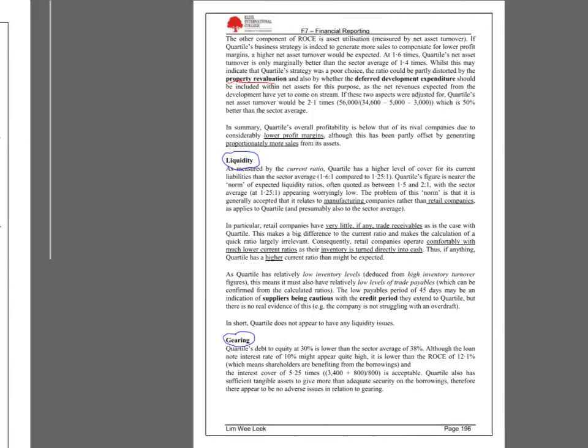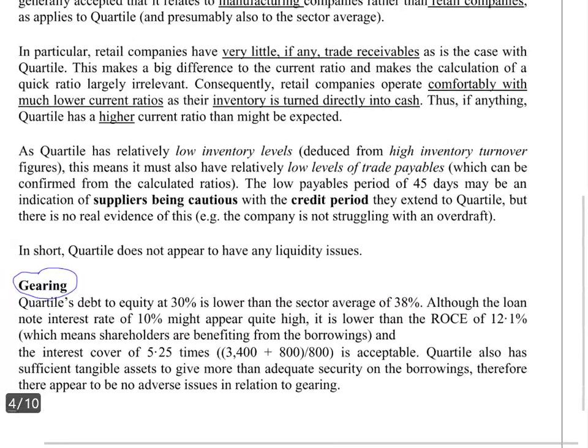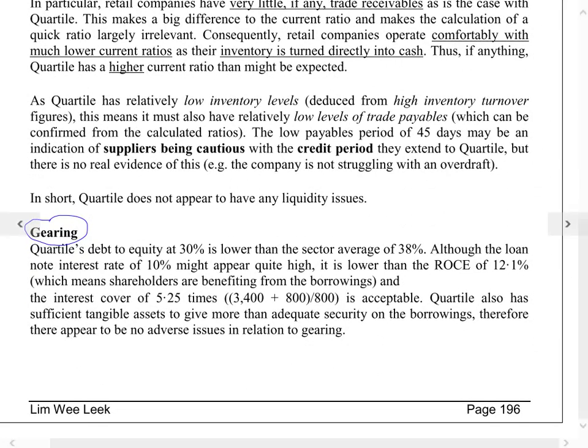So when it comes to gearing ratio, please don't forget to mention this. Our loan interest is 10%, but ROCE shows that we actually earn 12.5. We are actually benefiting from the borrowings. Our financial risk is low, so if we can continue to make 12.1%, do you think we should borrow more? Question.